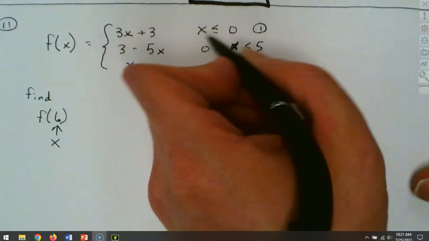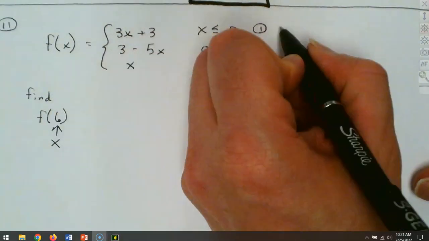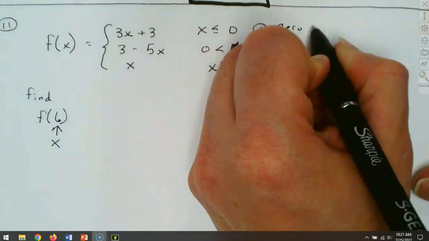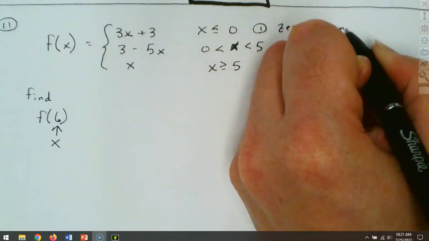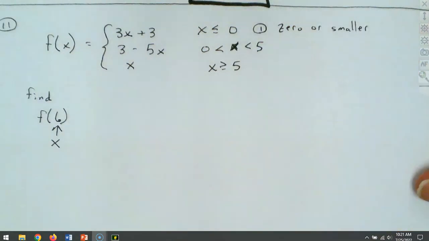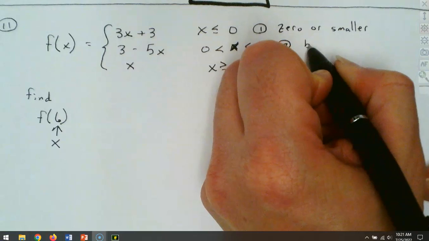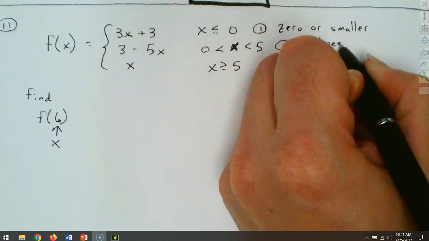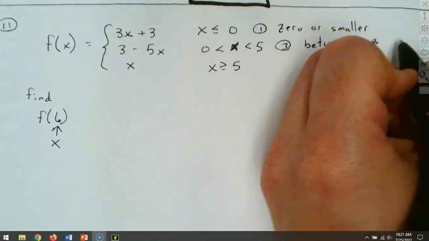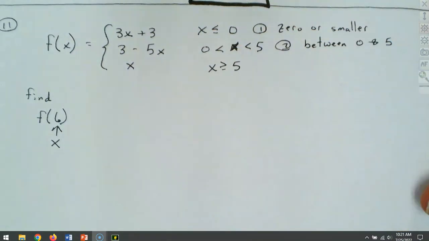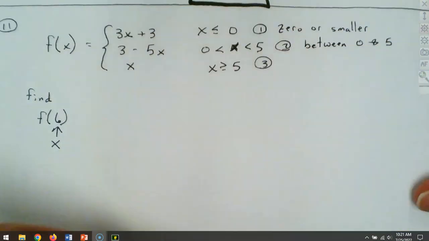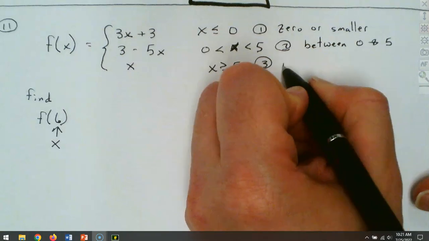So this row would be for the number 0 or smaller. The second row is for numbers between 0 and 5. And the last one, row 3, is for numbers that are 5 or larger.